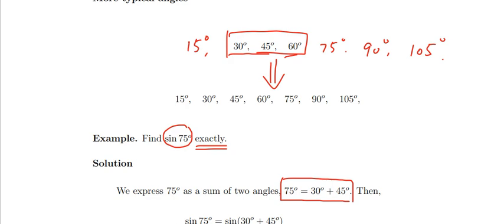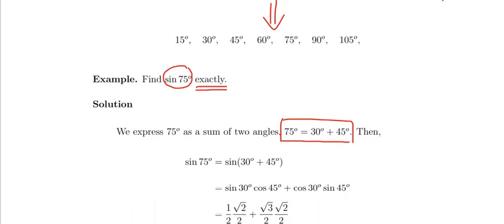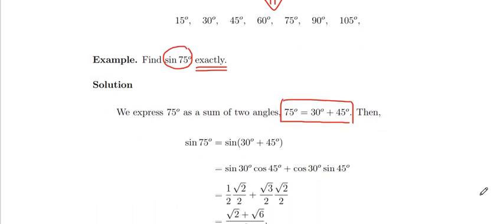So sine 75 equals sine of 30 plus 45. At first apply the formula. So we have this, right? Sine of alpha plus beta is sine cosine plus cosine sine.